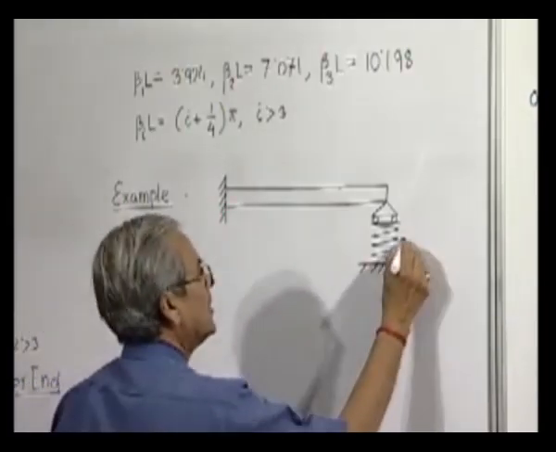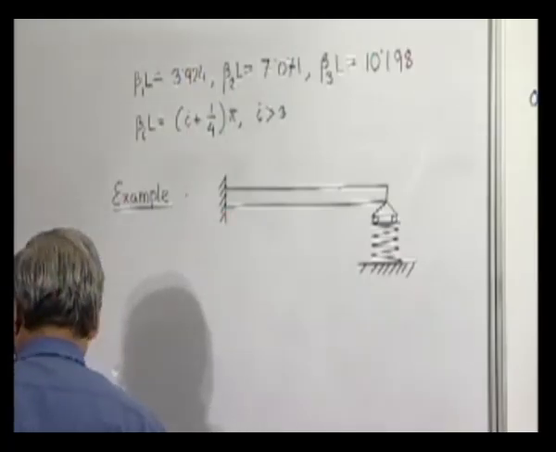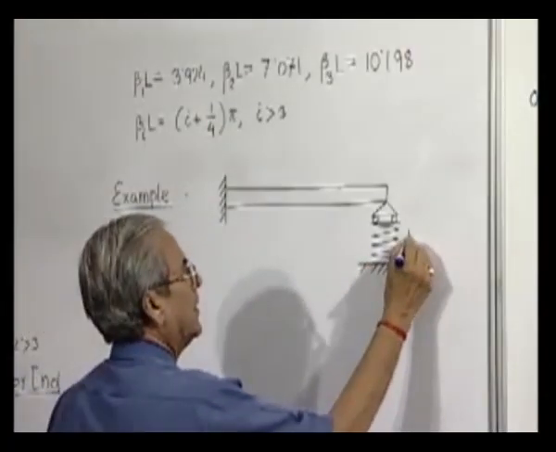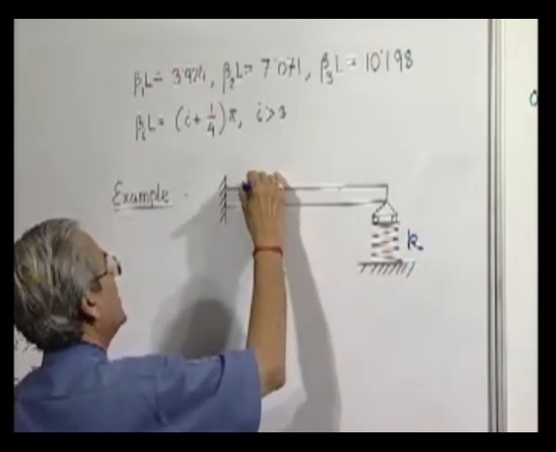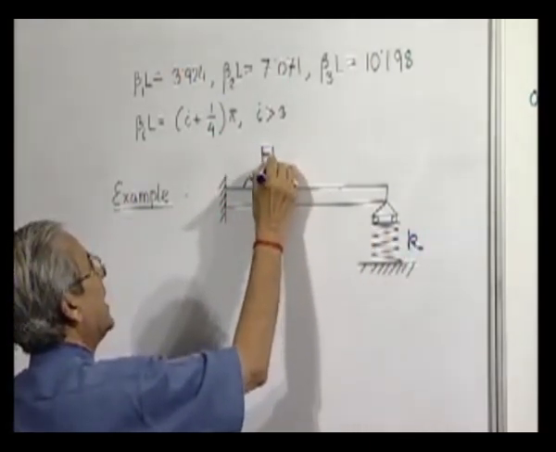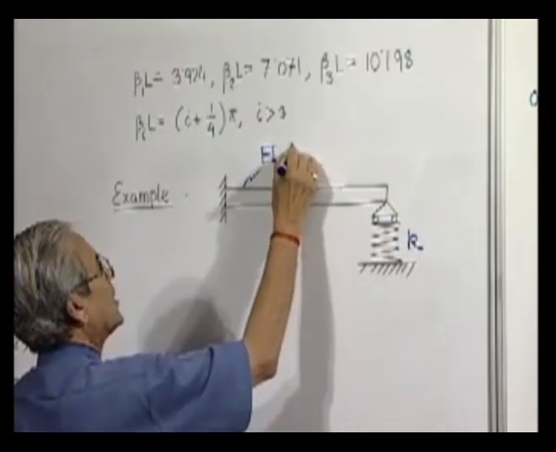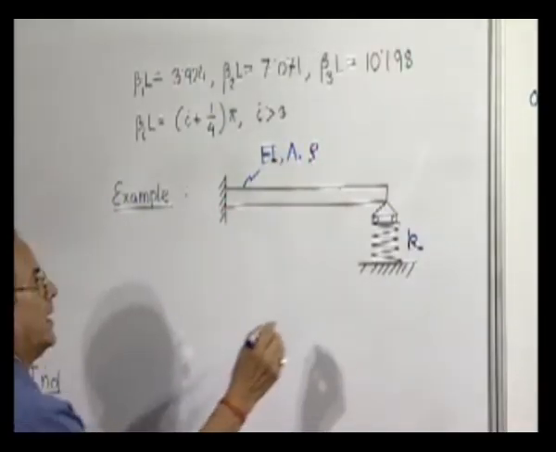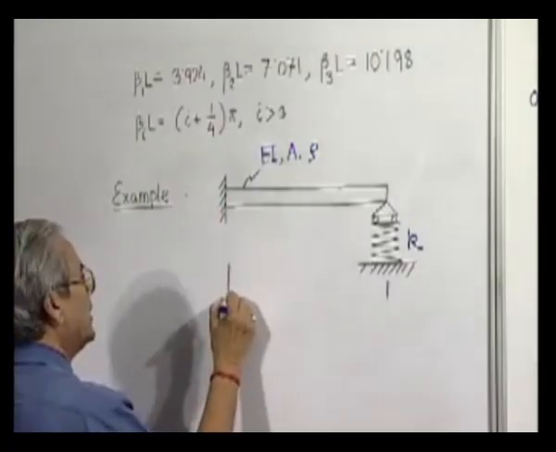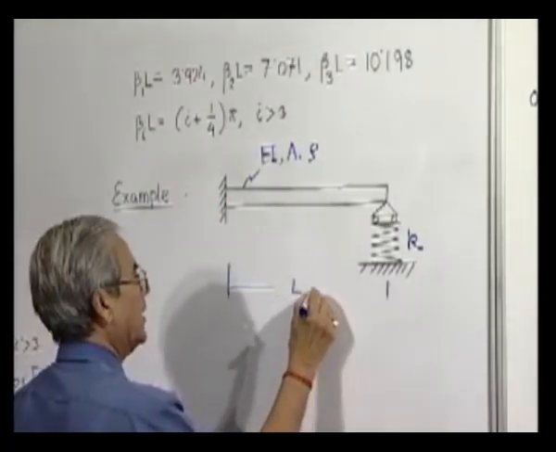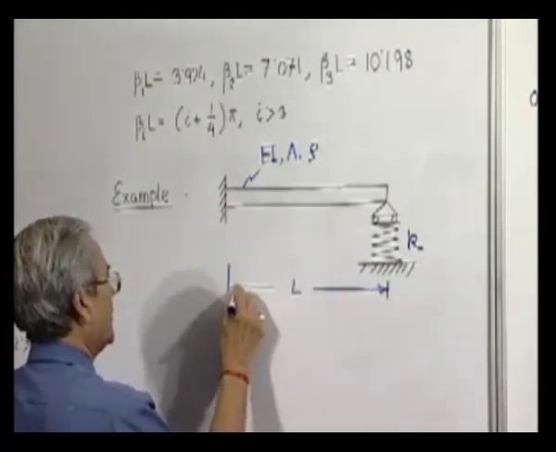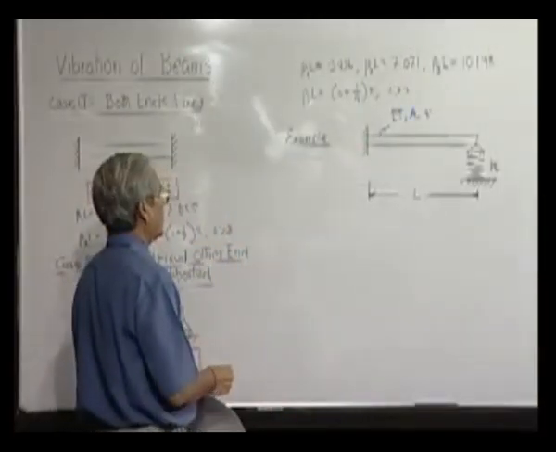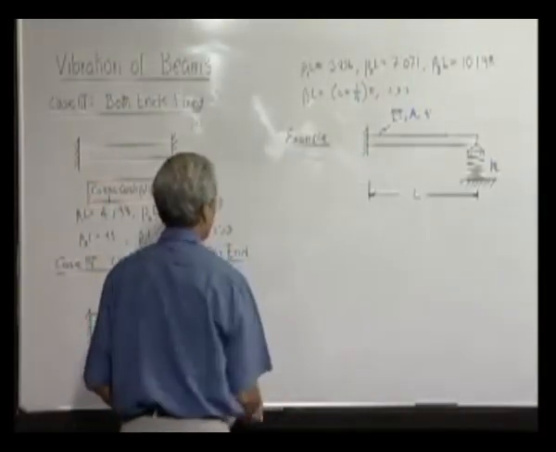So the stiffness of the spring is K, the flexural rigidity is EI for this beam, cross-sectional area is A, density of the material is rho, and length of the beam is L. So what will be the natural frequency?